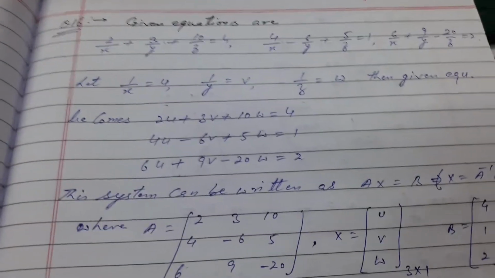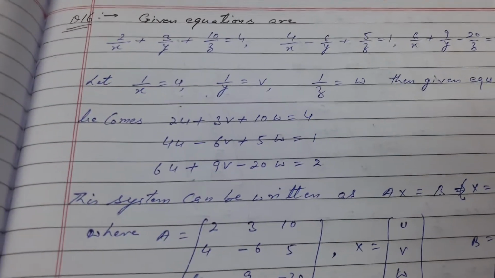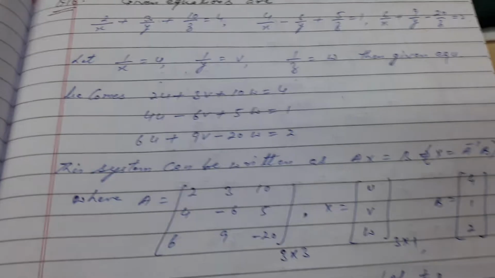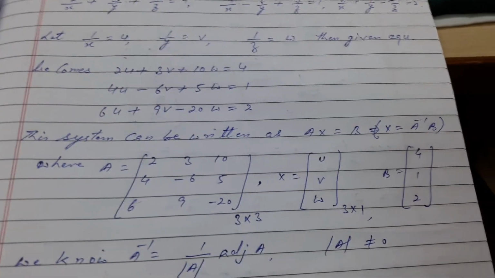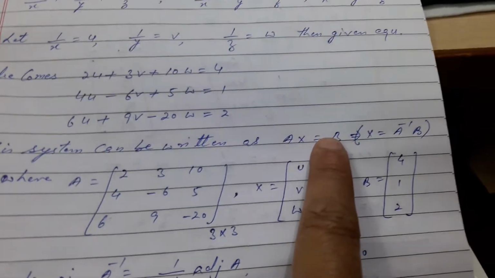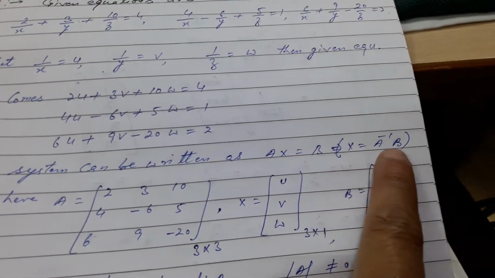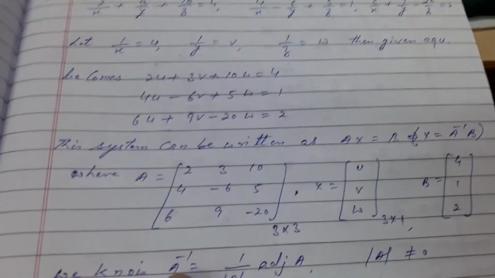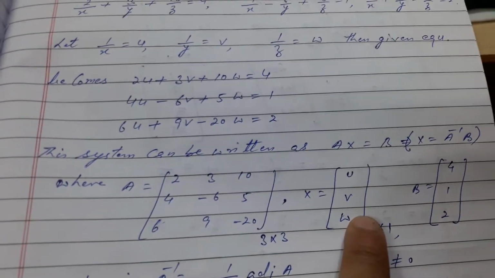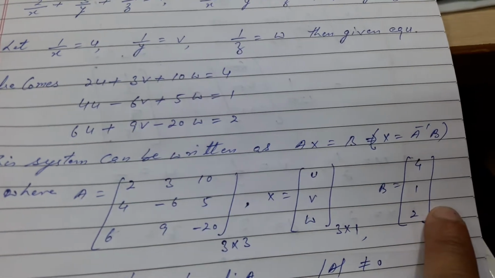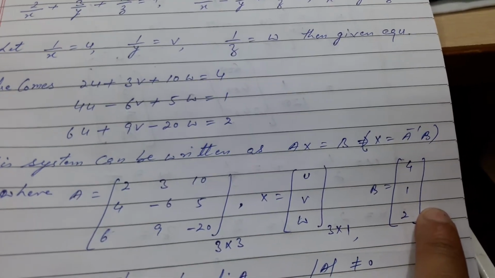Okay, now after this we have to write these equations in matrix form, and for this we write the equations in the form AX = B, where X = A inverse B. Here A is your coefficient matrix, and X is called your column matrix, and similarly B is also a column matrix.